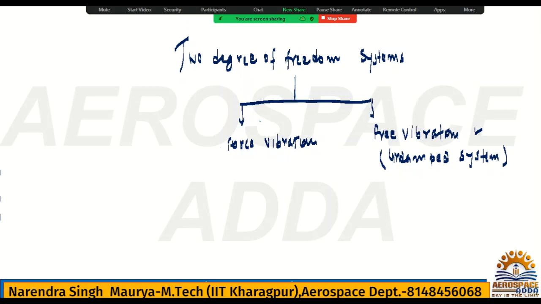If two independent coordinates, x1 and x2, are required to describe the motion, then it will be 2 degree of freedom. If it is only x1, for each mass, then it will be 1 degree of freedom. Obviously if the mass is 1, then 1 displacement x will be there. If there are 2 masses, then two displacements are required, x1 and x2.